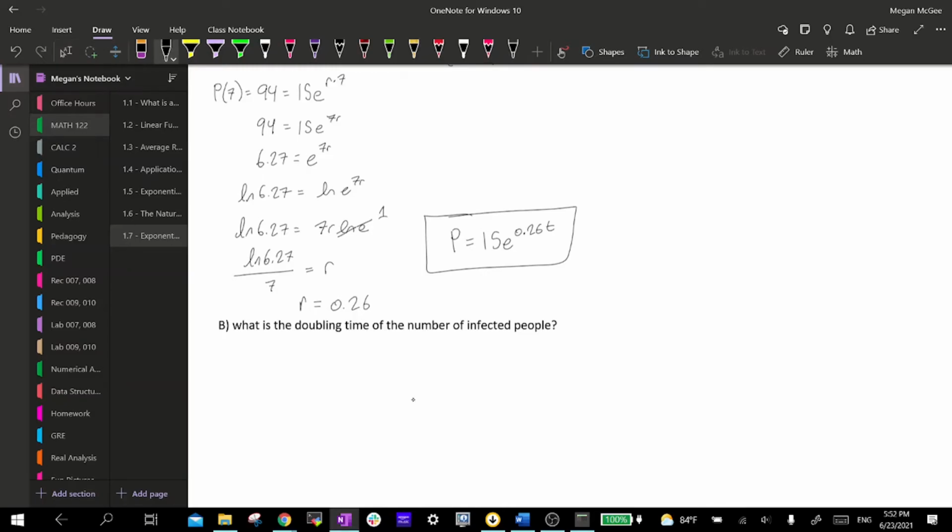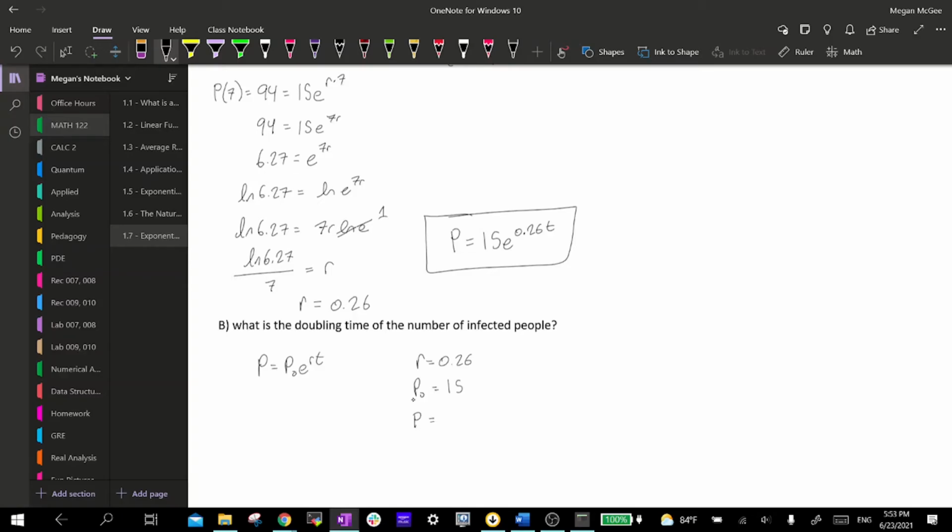So if we're looking at P is equal to P naught e to the rt, well, we know that r is 0.26. We just found that. We know that P naught is 15. So we're trying to find t. We don't know how long it's going to take yet. That's part of the problem.